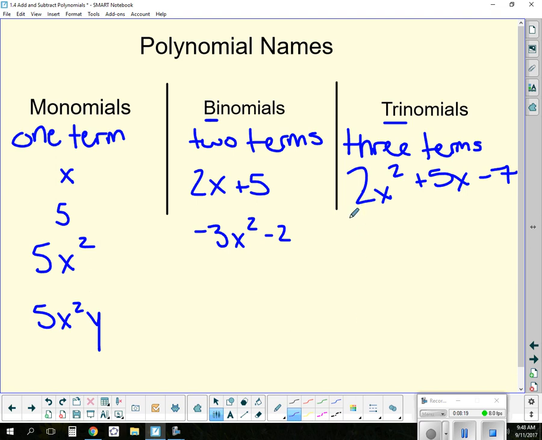Let's try something: 3x to the 4th power plus 2x squared minus x. That's a trinomial. Okay, so some vocabulary there for you.